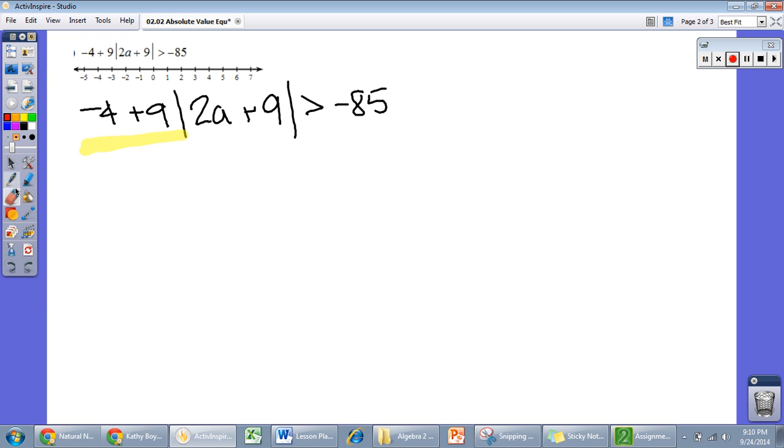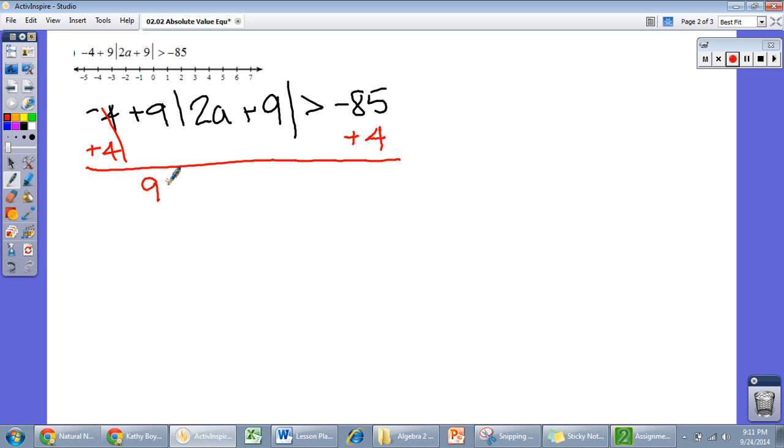If we were to remove the negative 4 from our problem, you can see that 9 has not been added to, but this is a multiplication scenario. So let's go ahead and put that negative 4 back in there. We don't add those two together. This is a negative 4 that's been added to this piece over here, so we're going to get rid of it. We're going to add 4 to both sides. This cancels out.